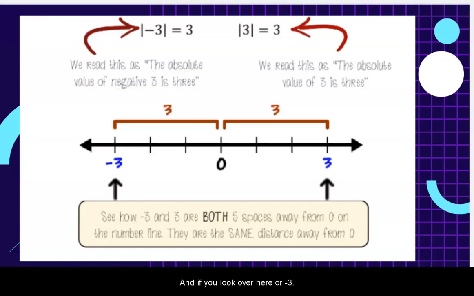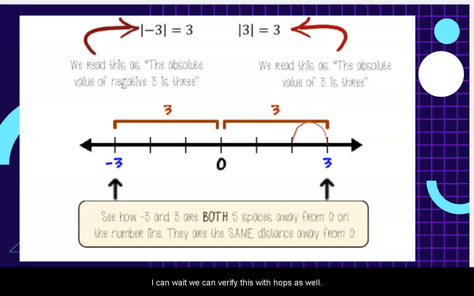And if you look over here, our negative 3 is 3 spaces from 0. So the absolute value is a positive 3. Same thing with positive 3. We read this as the absolute value of positive 3 is 3. So the distance that positive 3 is from 0 is also 3 spaces.